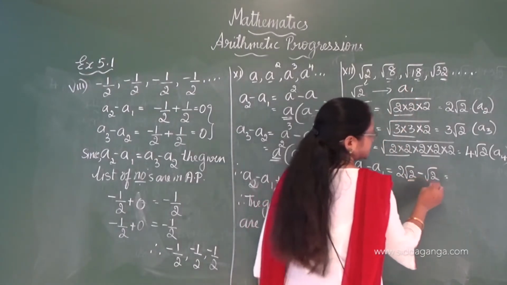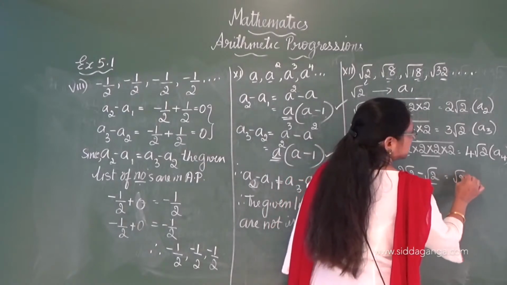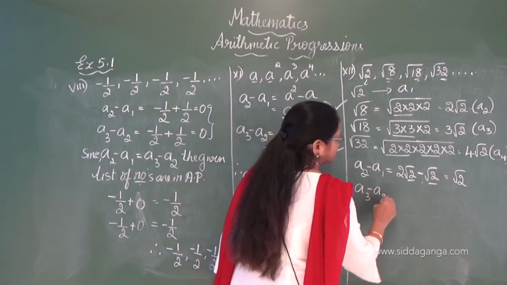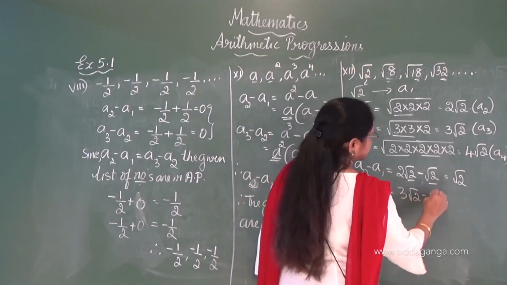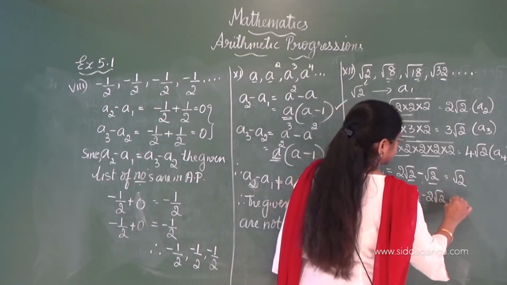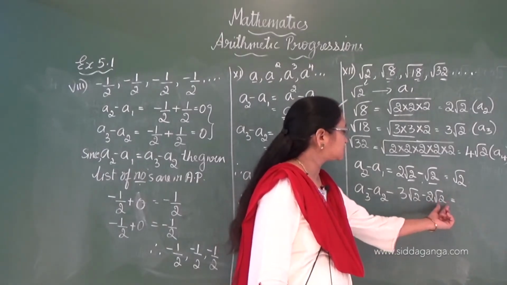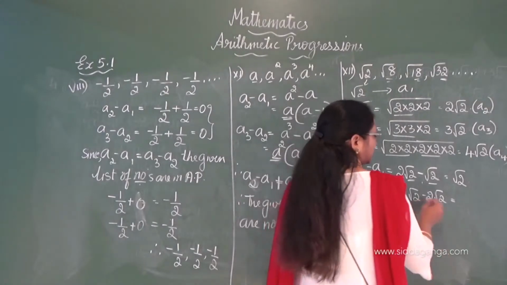I told you these are like shirts. Again 2 minus 1 is 1, root 2 remains. Next, A3 minus A2. A3 is what? 3 root 2 minus 2 root 2. See again, 3 root 2 minus 2 root 2. 3 minus 2 is 1, and root 2. Again root 2.